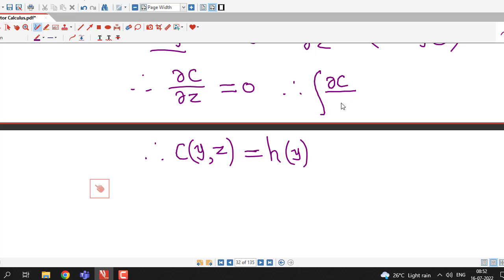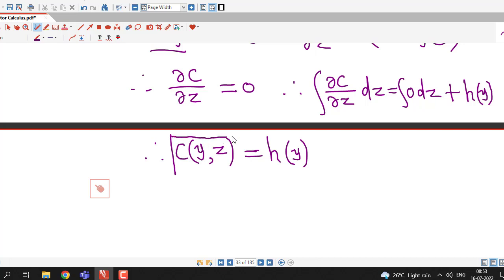Suppose we integrate both sides with respect to z, then integral of 0 with respect to z, and because c is a function of two variables y and z, and we are integrating with respect to z partially, therefore the constant of integration must be a function of y or only a constant. So that is the reason why we are writing c of y z equal to h of y.